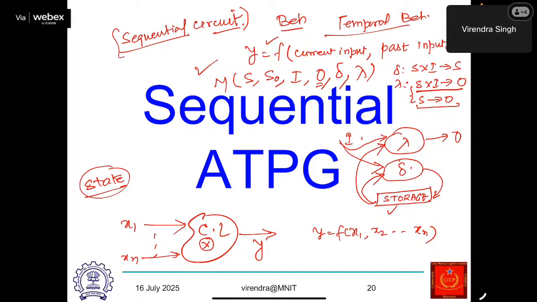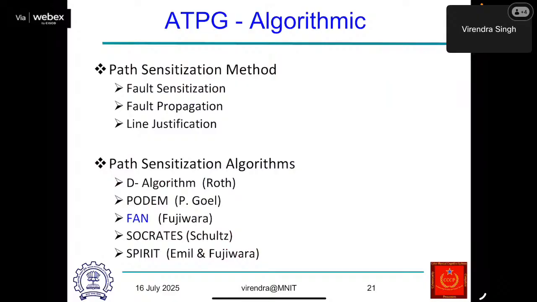In order to do that, maybe you have gone through combinational ATPG using the D algorithm or PODEM or something that you have already discussed, or the Boolean difference method. X1 to Xn and output is Y.